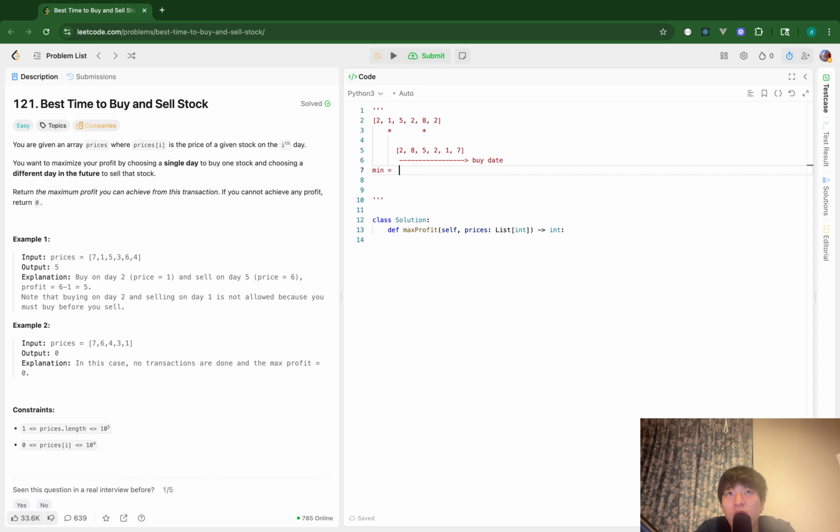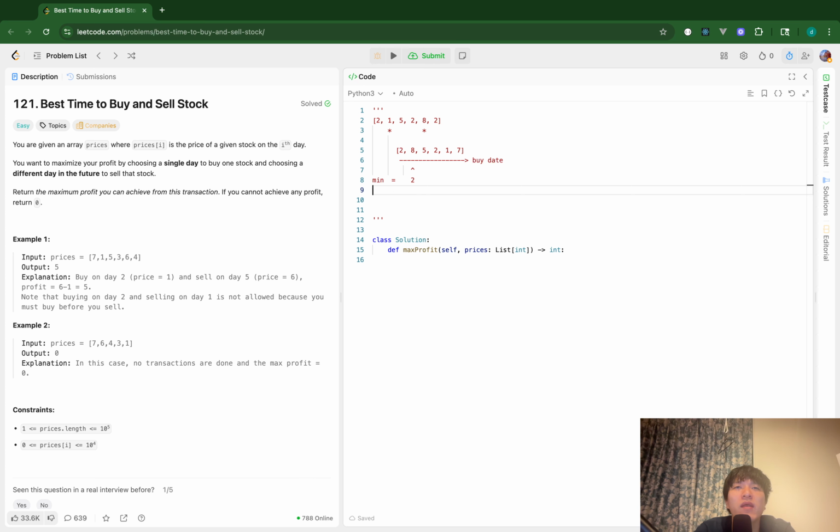For example, I cannot sell on day zero, so I can start from here. If I sell here, the minimum so far should be 2.